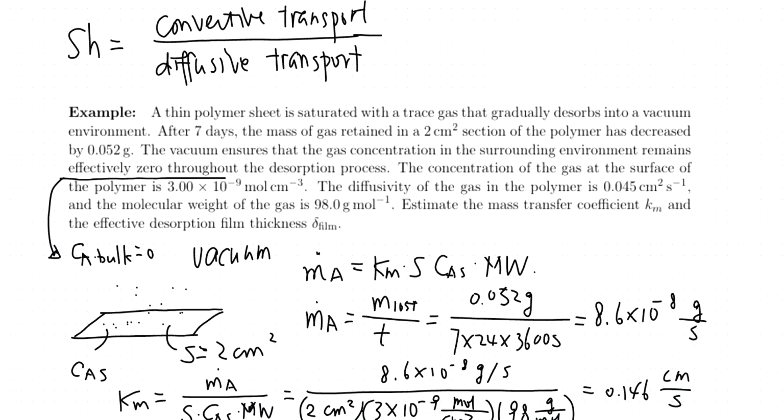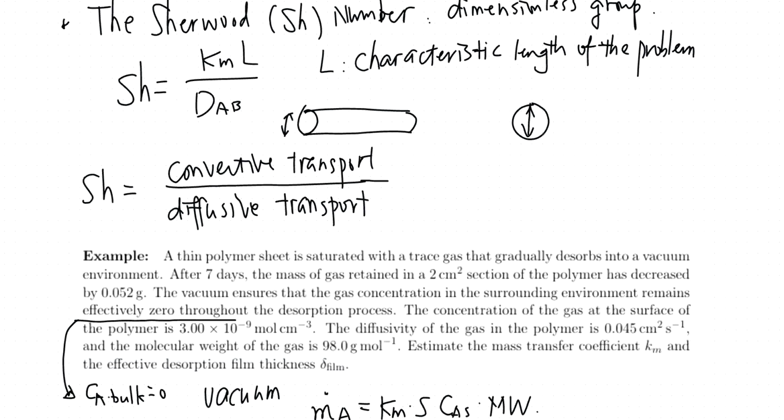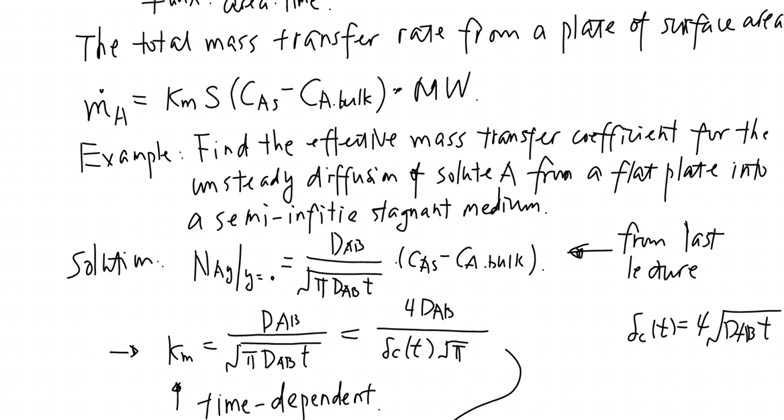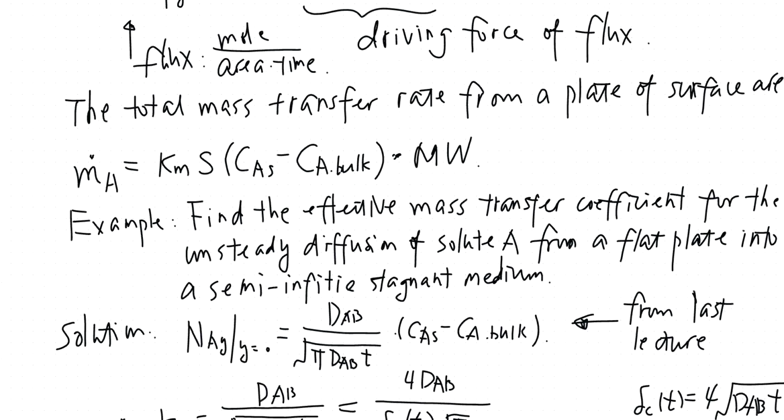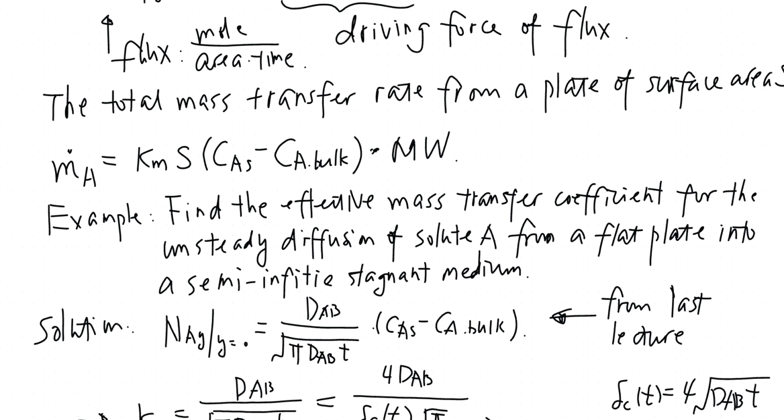However, the equation we used in the example was basically this one. This is a very generic equation. There is no assumption of the medium being stagnant or not, or of the plate size.